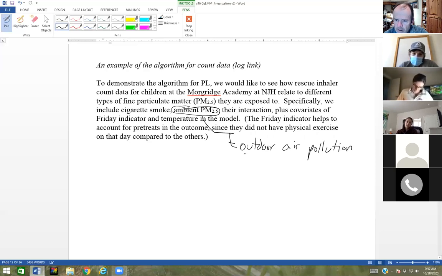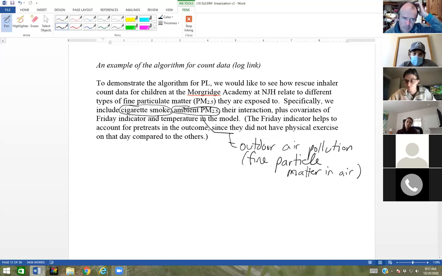And PM 2.5 is essentially fine particulate matter. So these are solid particles, but they're suspended in the air.